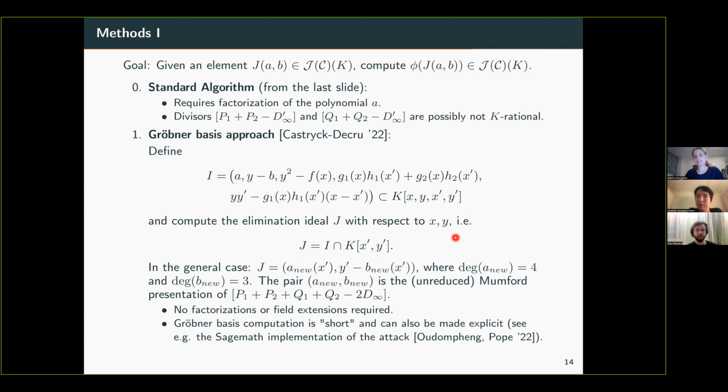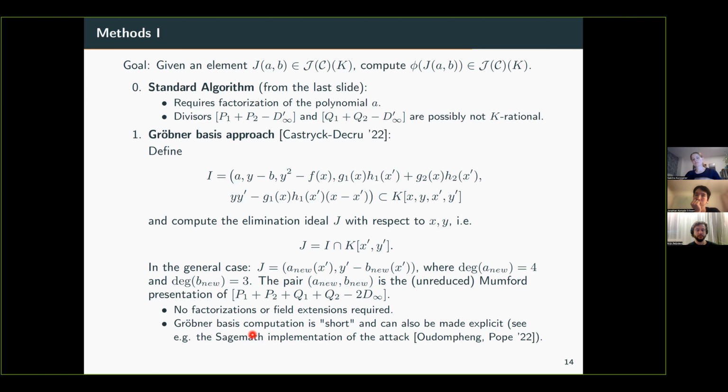And in the general case, this ideal is generated by two polynomials. And if one has chosen a good term order for those polynomials, they will be of the form that the first one, A nu, will be a degree 4 polynomial in x prime, and B nu will be a degree 3 polynomial. And those are the unreduced Mumford presentations for our image.